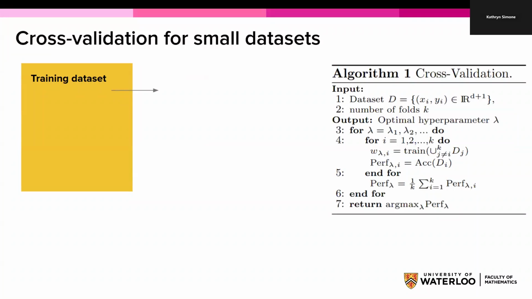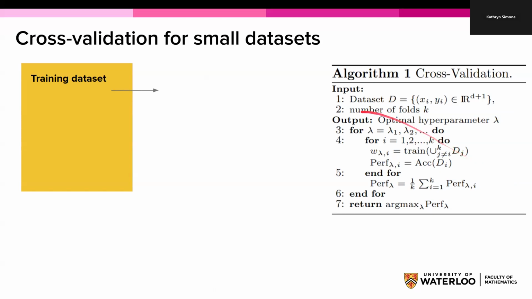But in some cases, you might not have a lot of data to work with. You might have a small data set, and you might not want to have to set aside data just for the purposes of validation. And so what can you do in this case if you don't have a lot of data and you can't afford to set aside? So in this case, you can do something called cross-validation.